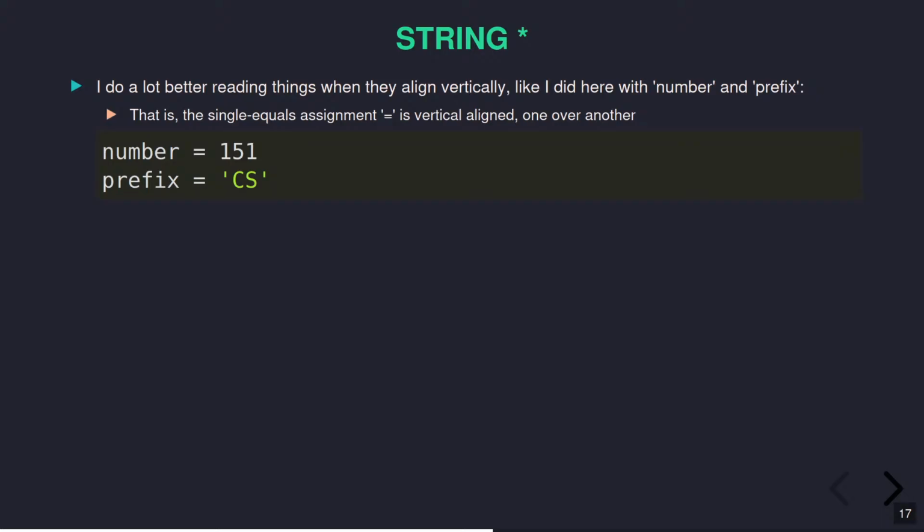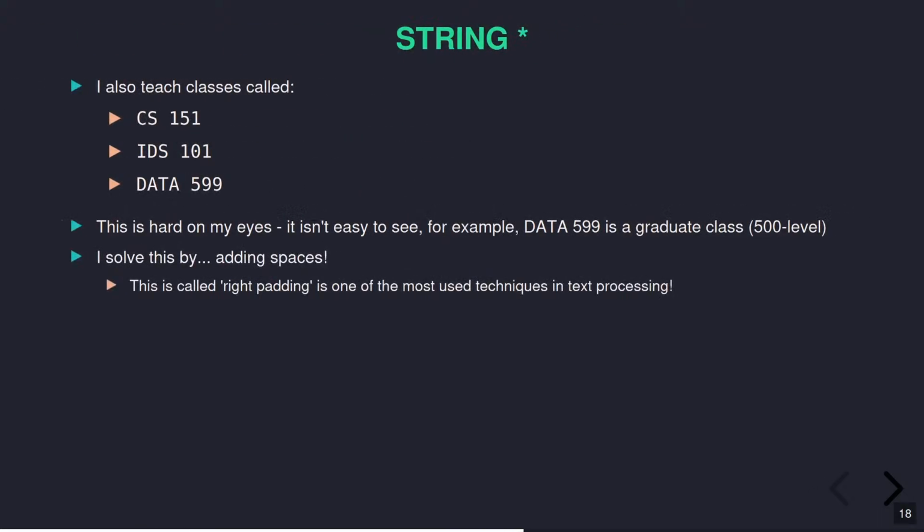They're all vying, right? Okay, so I teach classes with the following names. I guess actually the date is a 597, but it doesn't really matter. I teach CS 151, which is a class about a pirate's favorite letter. I teach IDS 101, which is a class about identities that you have multiple of, right? IDs, plural, right?